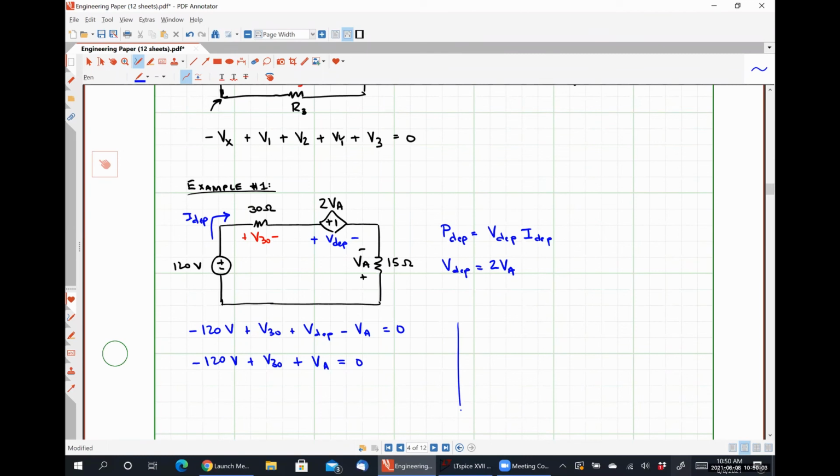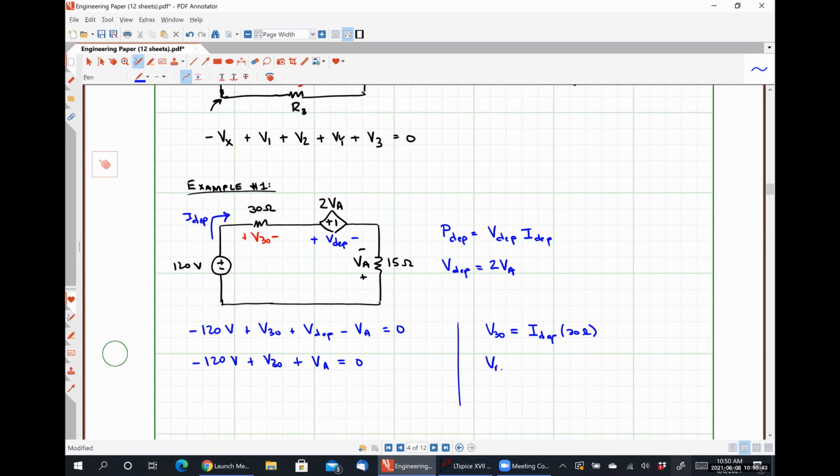So using Ohm's law, what is the relationship between V30, the 30 ohm resistor, and the current I dependent? It's I dependent times 30 ohms. That's absolutely correct. The current is flowing into the positive polarity terminal, so it should just be I dependent times the resistor value of 30 ohms.